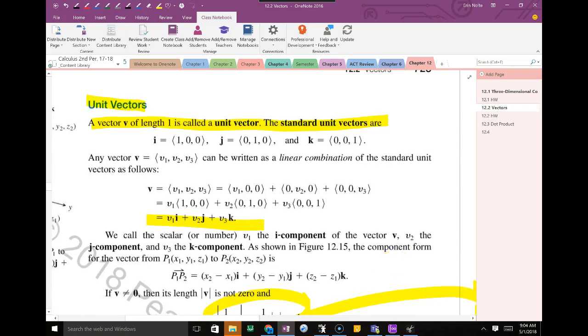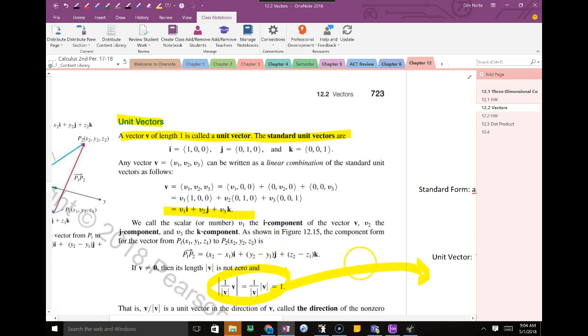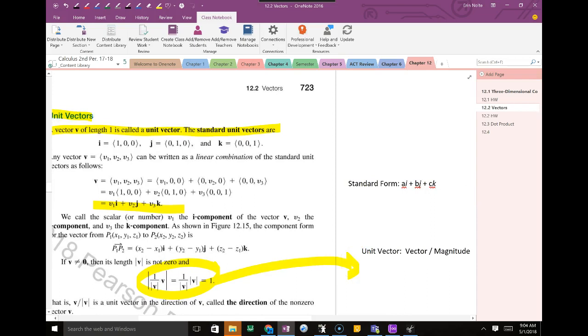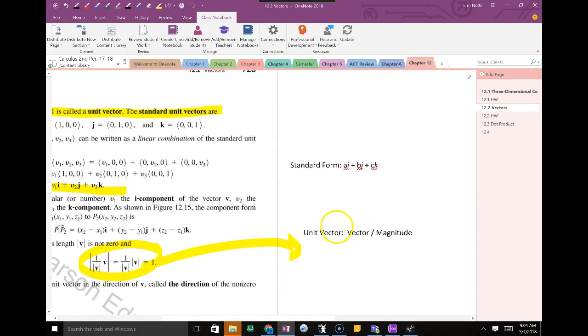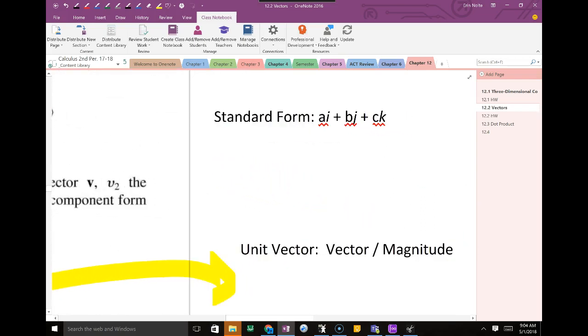Okay, last form. Last form is called standard form. So this is a very interesting form. In my opinion, I don't really understand why they have this, but they use it. They're going to give you questions about it and I want you to know what it is.